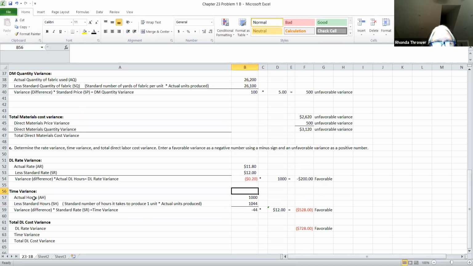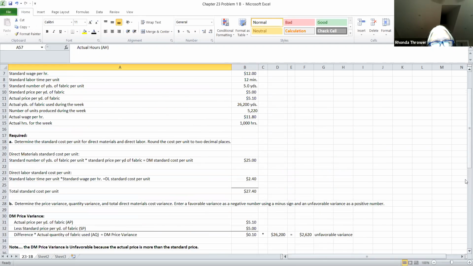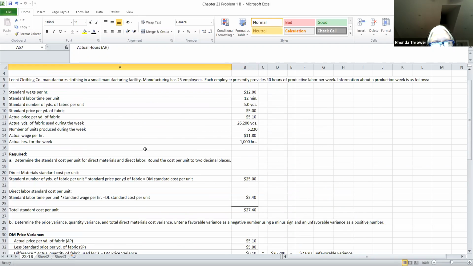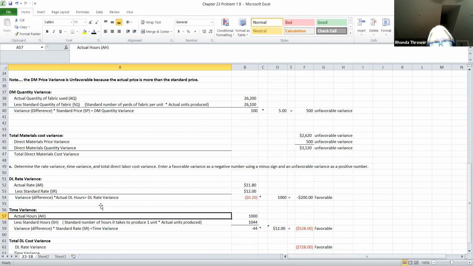The next calculation is your time variance. You're going to take your actual hours, which was 1,000, and that was given to you. Your actual hours for the week was 1,000 hours. You're going to compare it to your standard hours.